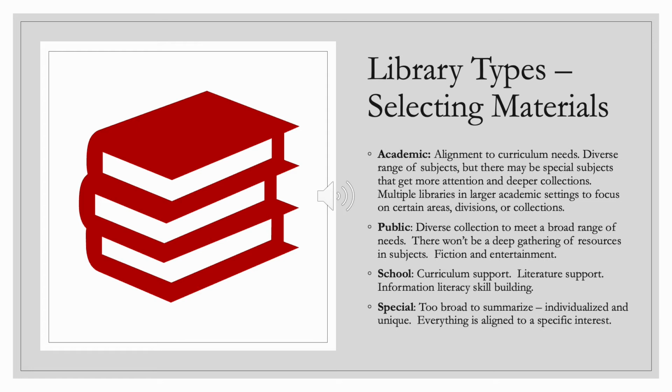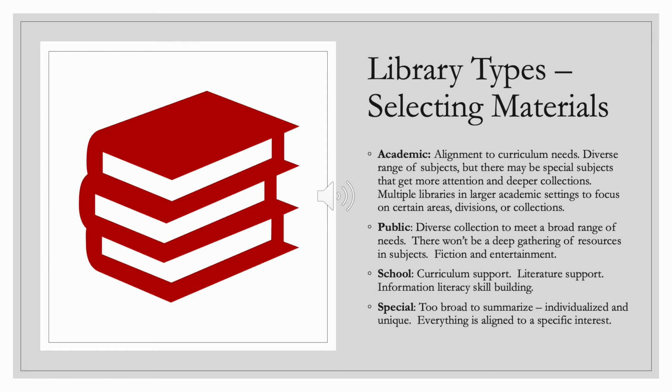Selecting materials will also be defined by the type of library they're coming from. We were able to compare two policies in our activity the other week, and many of you noted some great differences and similarities between the academic and public library policy. When we look at academic libraries, they should have a strong alignment to curriculum needs.